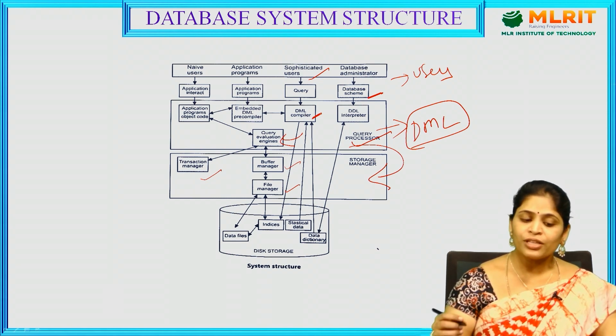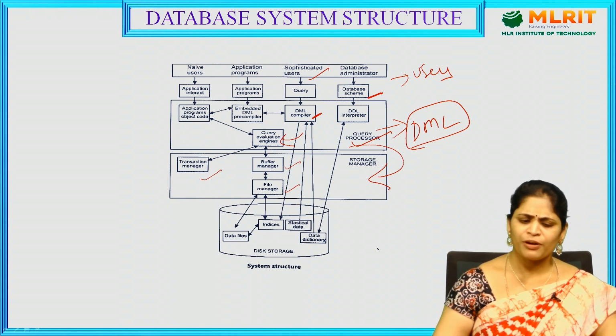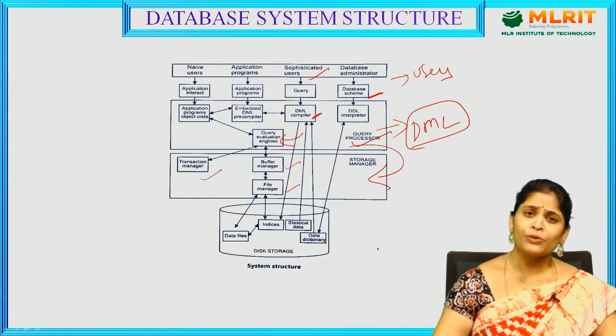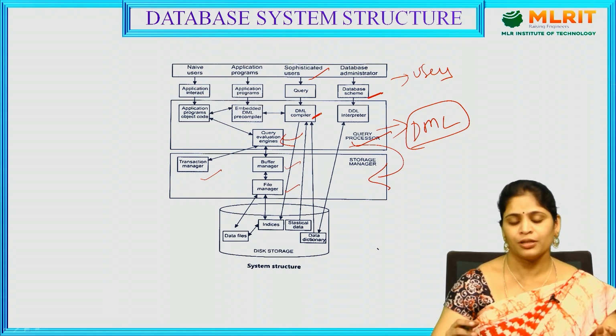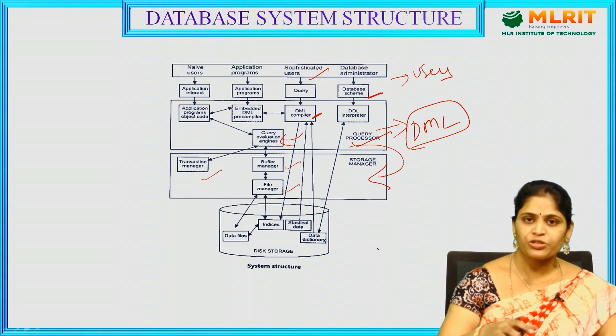What is the responsibility of the buffer manager? The buffer manager deals with what kind of data must be kept in main memory and what kind of data must be kept on the disk. Those are the responsibilities of the storage manager.